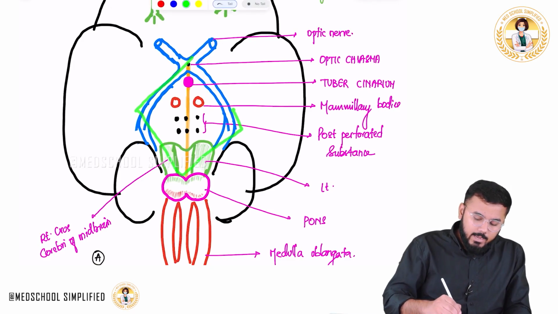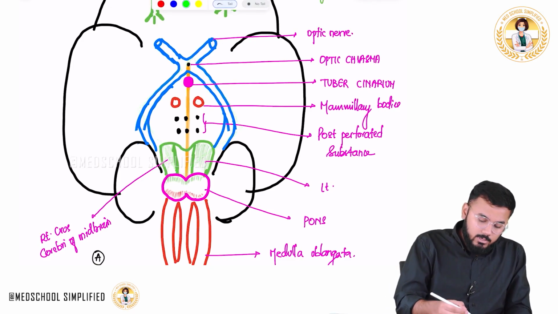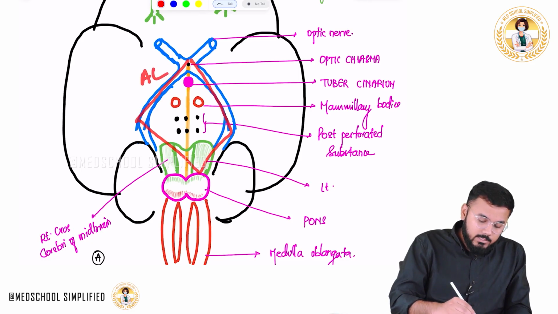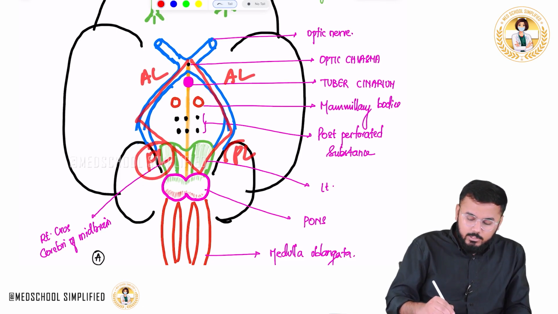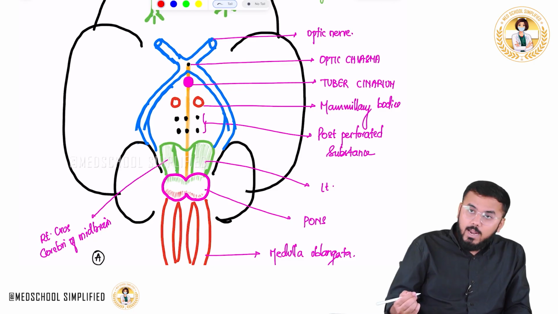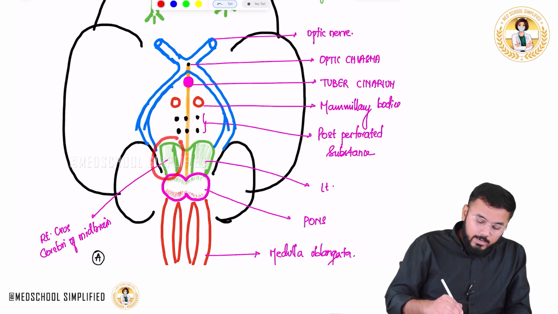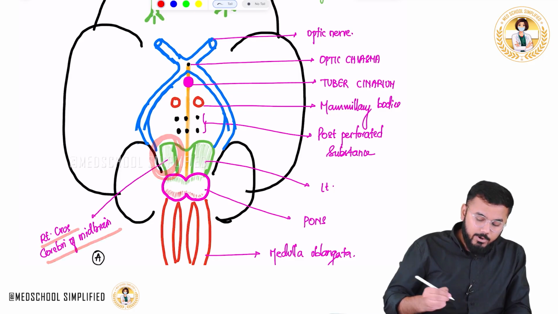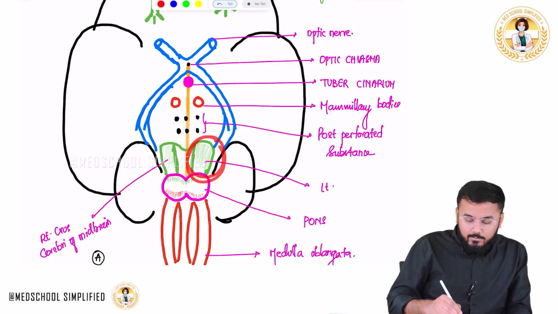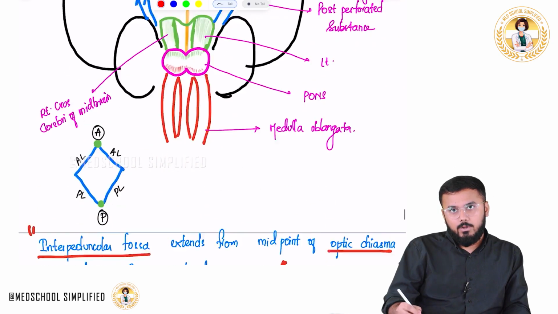Now after anterolaterally, posterolaterally, so again I am drawing the diamond shaped, all of you look here now. If this is a diamond shaped in this way, this is anterolateral, this is anterolateral, this is posterolateral, this is posterolateral. So posterolaterally what do I have? Posterolaterally I have got, on one side the right crus cerebri of the midbrain, on the other side the left crus cerebri of the midbrain, right?